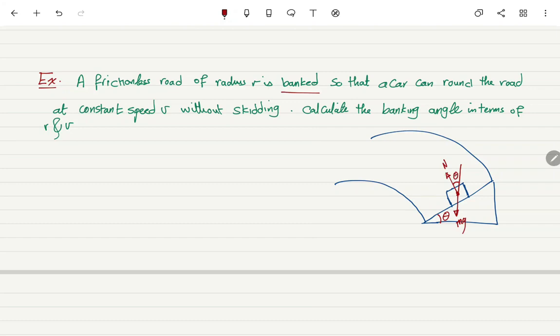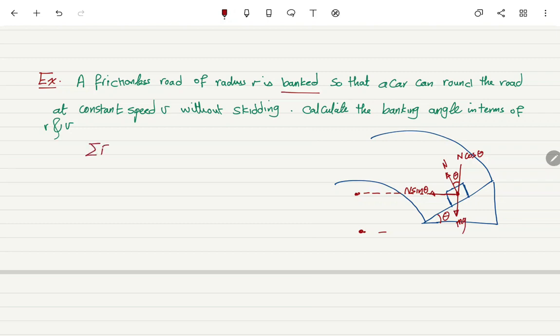After analyzing the normal, we have N cosine theta and N sine theta. The reason we analyze the normal is that the center of the circular path is like in this one here, not in this one. Without further ado, let's do the calculations.